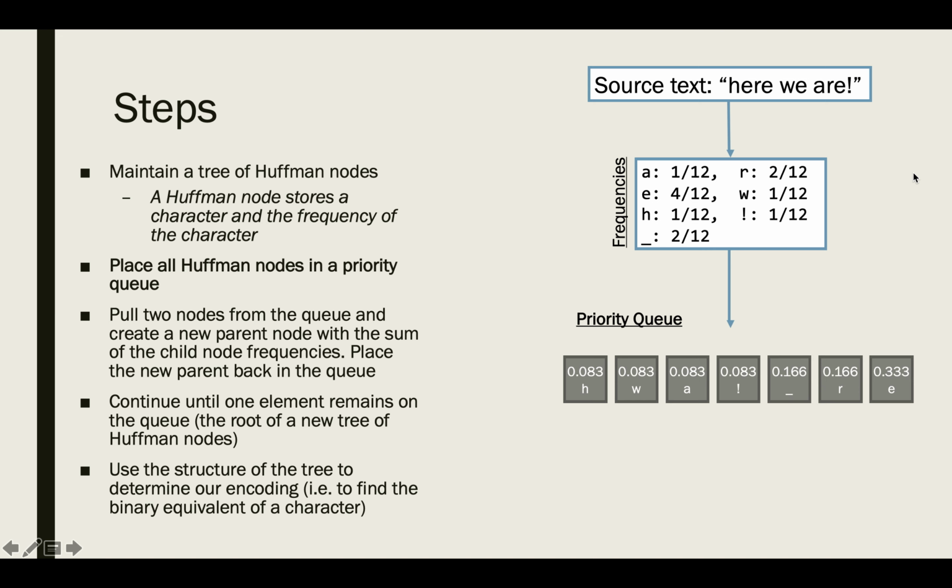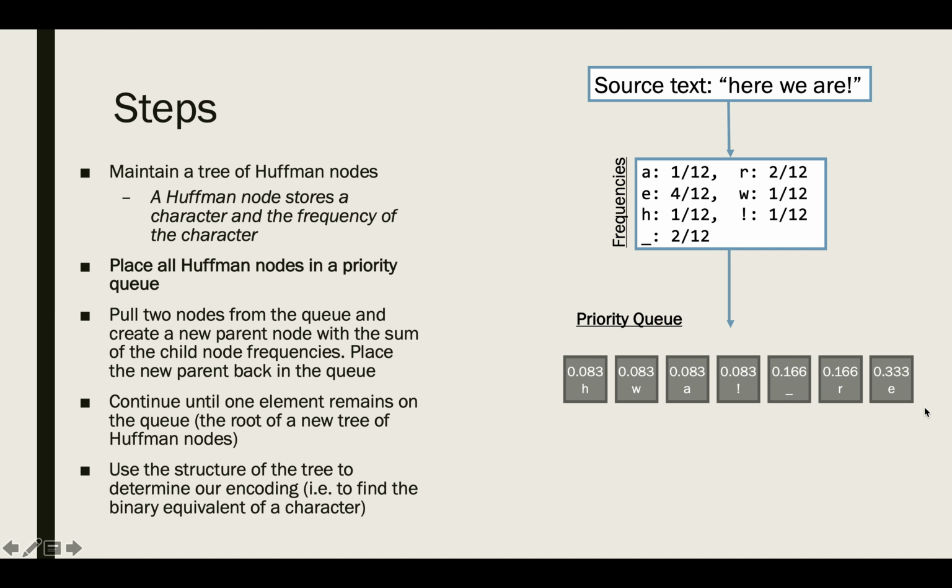And the more repeated characters you have in your text, the more savings we're going to have as part of this algorithm. So what we do as part of this algorithm is I go through and I inspect every character. And I count the number of times it shows up in that string. I record those frequencies. And then I create a bunch of Huffman nodes, one for each character, with the character and the frequency here. And you'll notice that I have those for our source string here. And I'm going to place those in a priority queue.